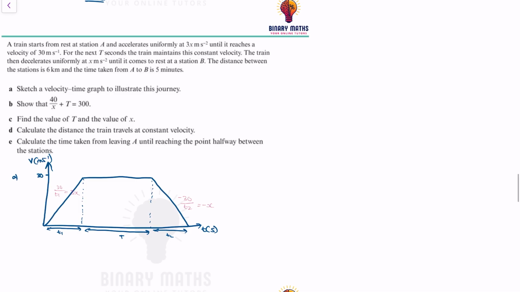So we know, all together we know the distance is 6, which is the area under the curve, and the time taken to go from A to B is 5 minutes. So that means all of that, t1 plus t plus t2 is equal to 5 minutes. 5 minutes is equal to 5 times 60, which is 300 seconds. So what we do know is t1.